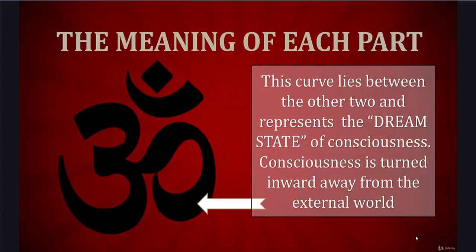So you'll notice that the curve kind of curves into itself. It's not open-ended, like the other curves in the image. It's closed, and so the focus or consciousness is reflecting upon itself. And again, the dream state lies between the waking state and the deep, dreamless sleep state.